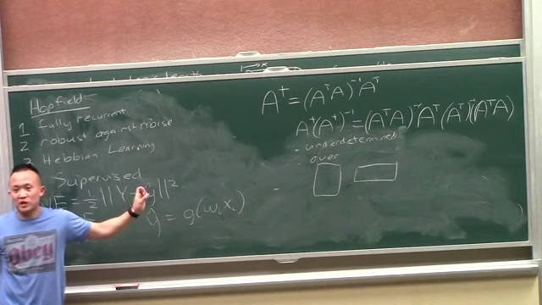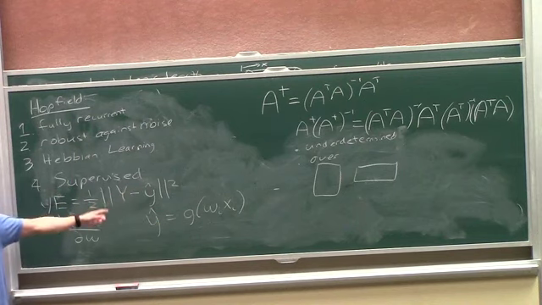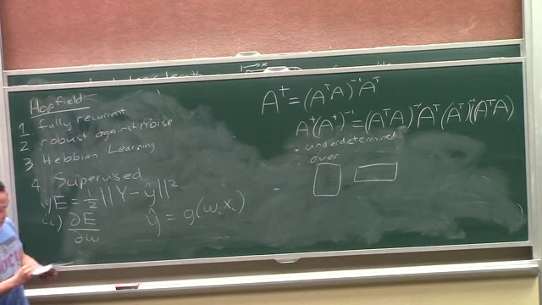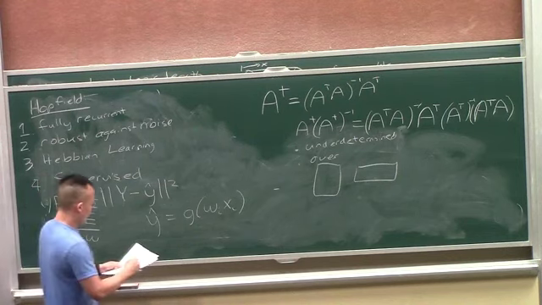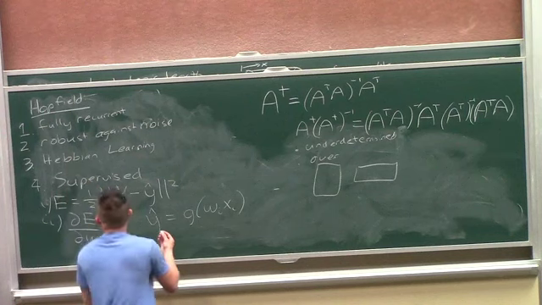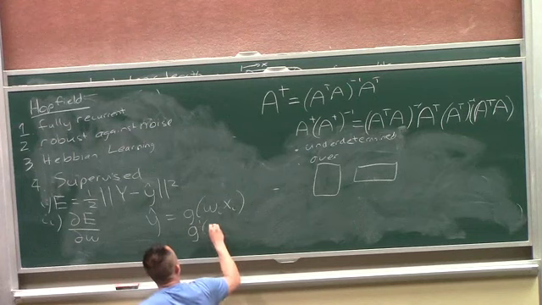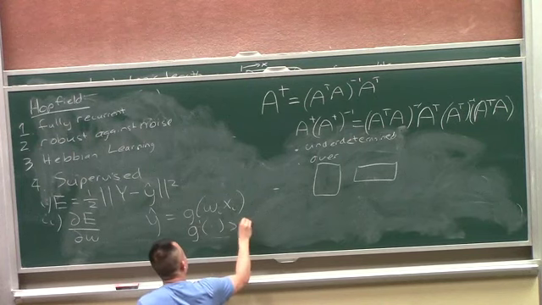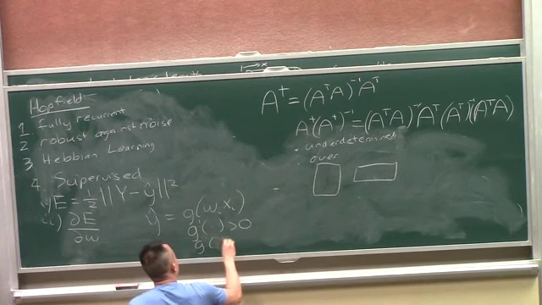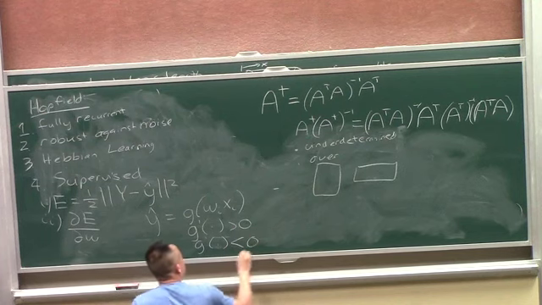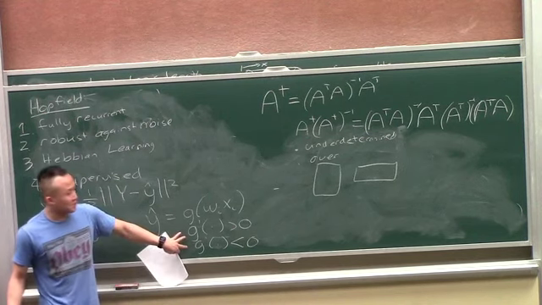Is anyone confused about that? A couple of things to remember, because I know this might be simple for some people: g prime greater than 0 or g prime less than 0 tell you different things.